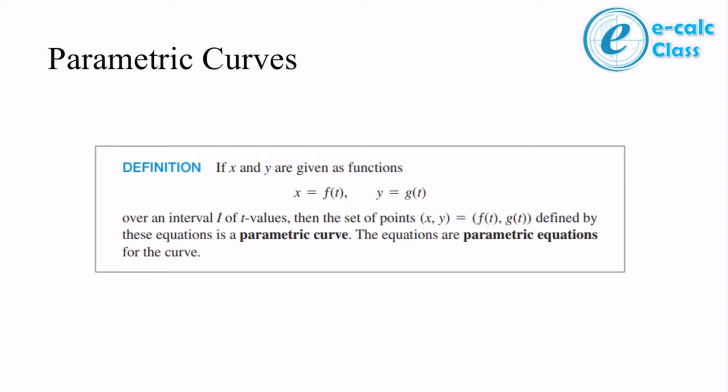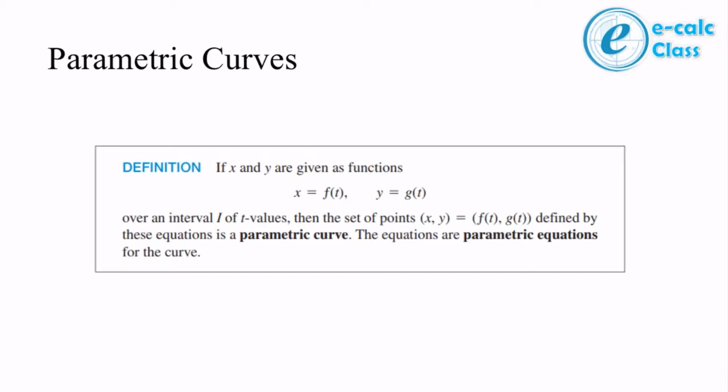Then the set of points (x, y) equals (f of t, g of t) defined by these equations is called a parametric curve. It means when you plug in these values and trace them all together, you get a parametric curve. Usually this curve can be a straight line or a parabola, circle, ellipse, hyperbola, those kinds of conics, right?